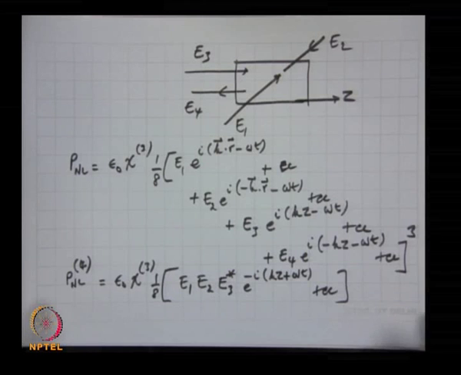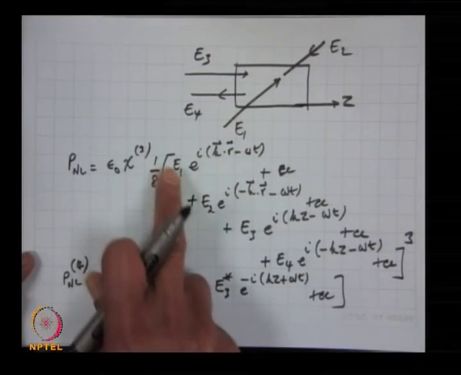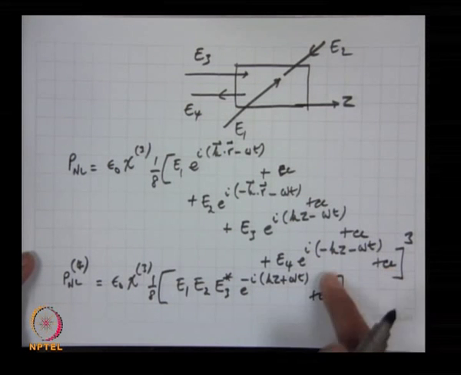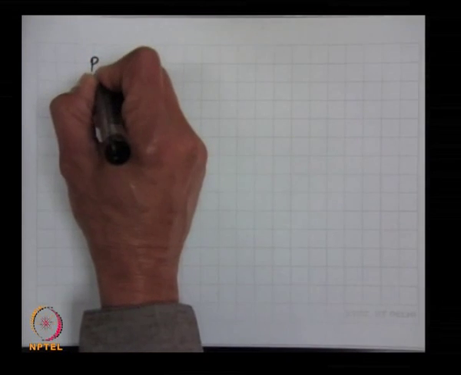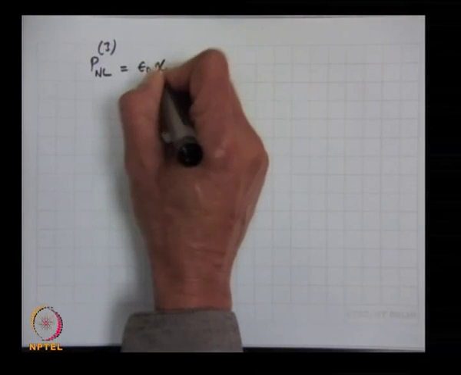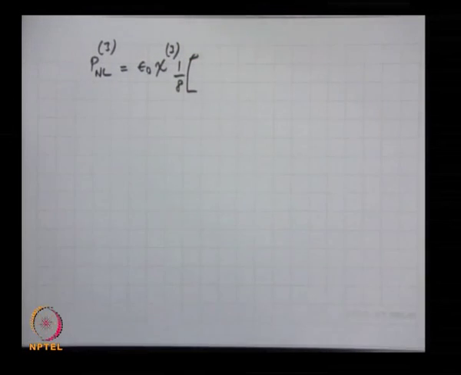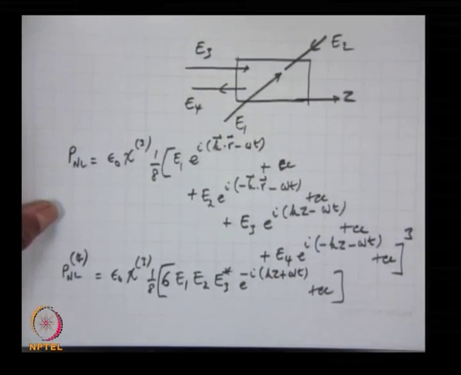What will be the nonlinear polarization for the wave corresponding to E3? That will be obtained by multiplying this and the complex conjugate of the E4 term, because the complex conjugate of this will have plus ikz. So the nonlinear polarization corresponding to the third term is actually epsilon 0 chi3 1 by 8 of, again, oh, there will be a factor of 6 here, sorry, I missed a factor of 6 in the cube.